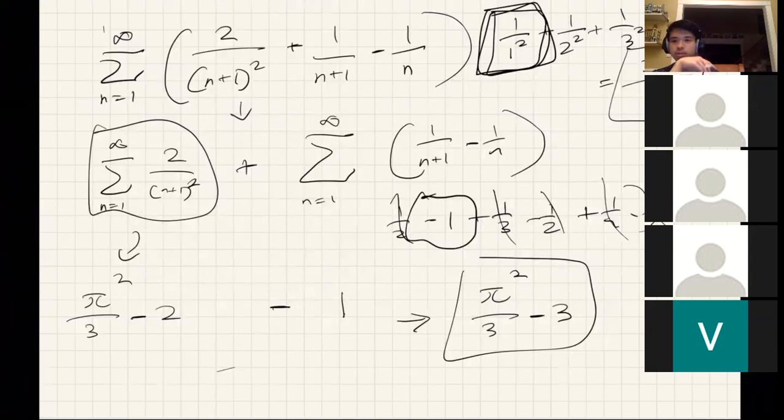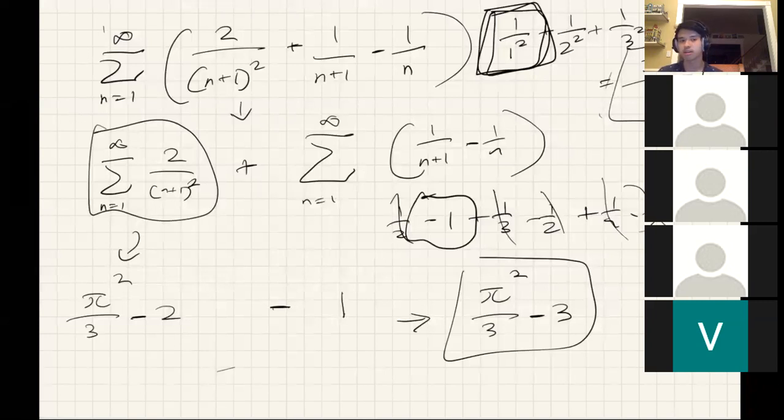So what they'll do is give you this fact that the sum of the reciprocals of all the perfect squares is equal to pi squared over 6. And then you'll have to use that fact to determine a particular problem, essentially. So you'll be using this fact to solve a particular summation problem.